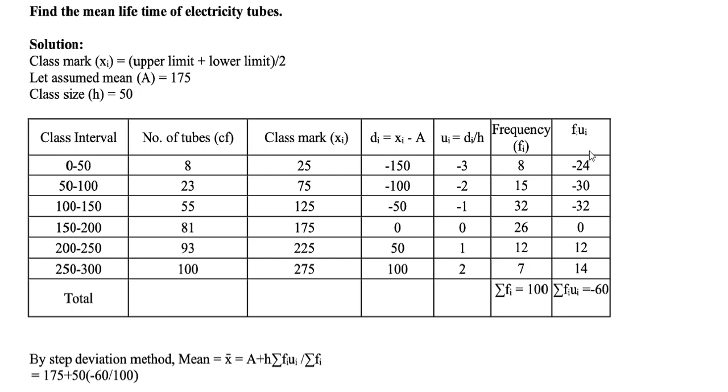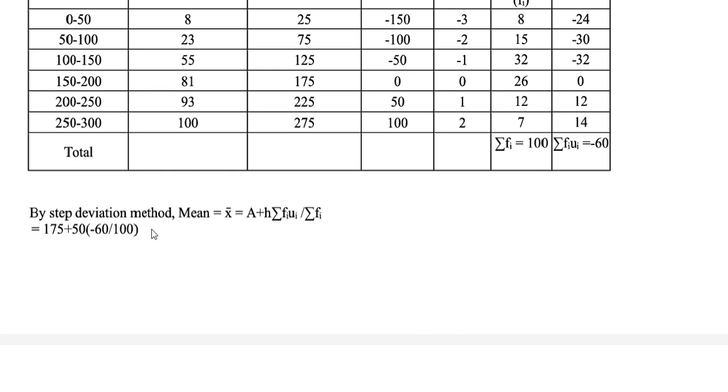Next is fiui. This is the fi column, this is the ui column, so multiply the last two columns. That is minus 3 into 8, minus 2 into 15, minus 1 into 32, 0 into 26. After that, use the step deviation method.